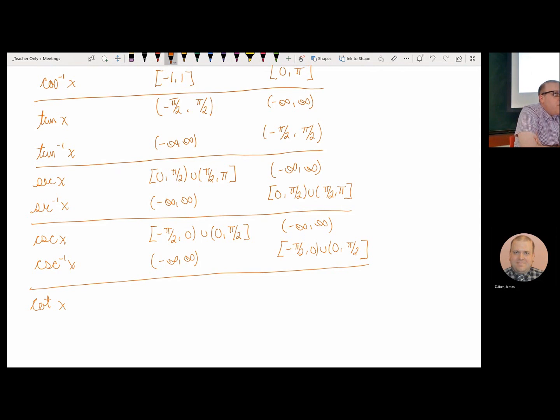Finally, the cotangent. Actually, forget the convention for cotangent. I think it might be the same as secant.